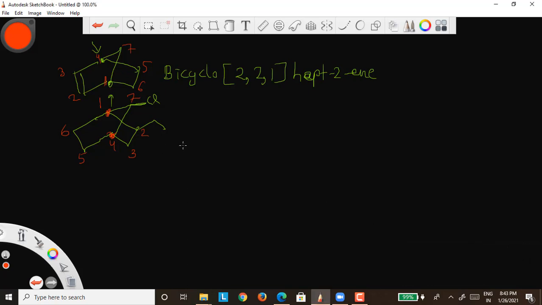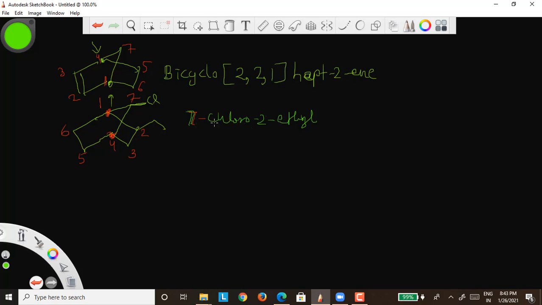So this is how the IUPAC name will be there. The numbering is over, then we will give the IUPAC name. This is 2 ethyl and 7 chloro. So chloro comes first alphabetically, so you should give 7 chloro first, hyphen 2 ethyl, because the substituents should be alphabetically ordered.